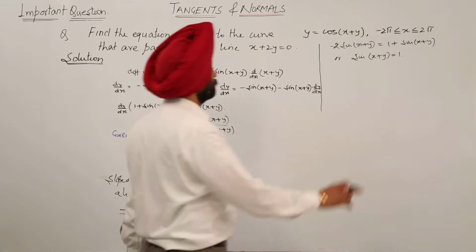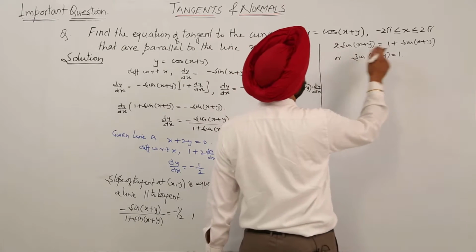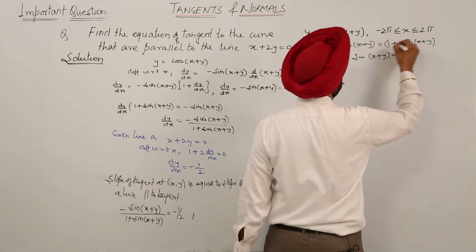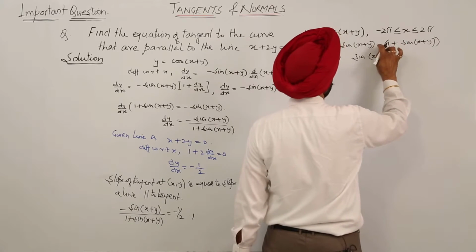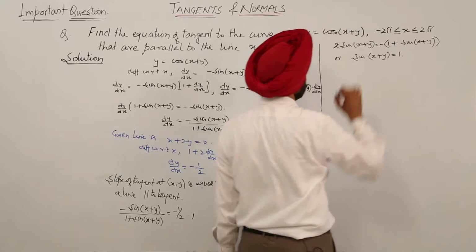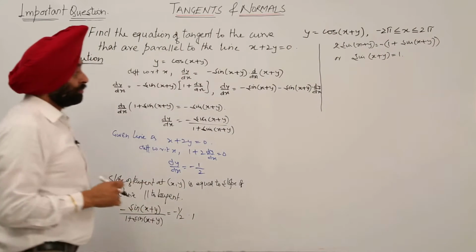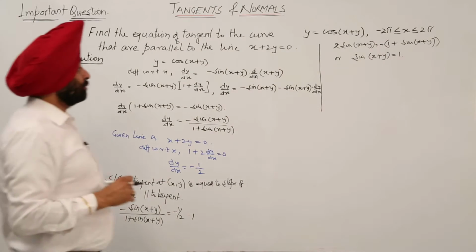Sorry, I made a little mistake. We have a negative here, minus. So this we are getting sin(x + y) = 1.